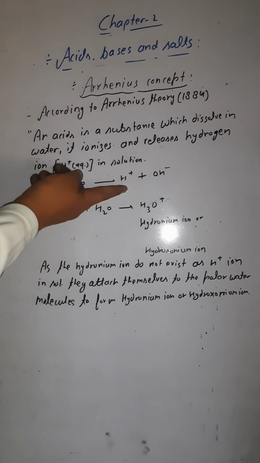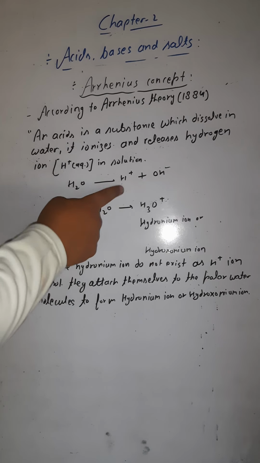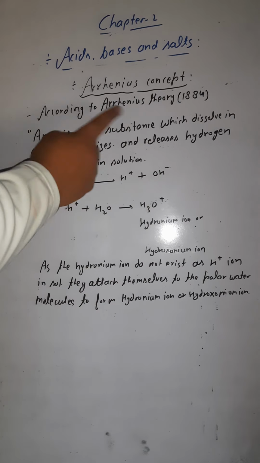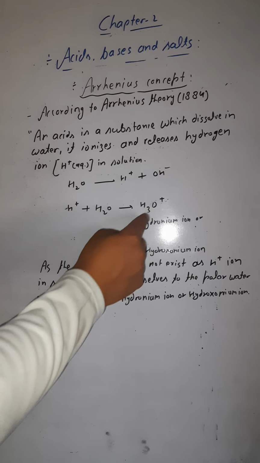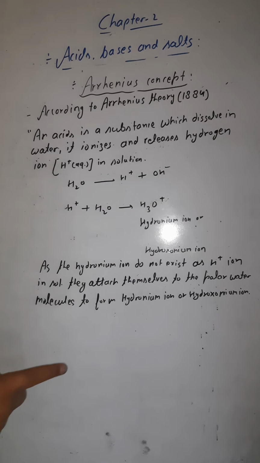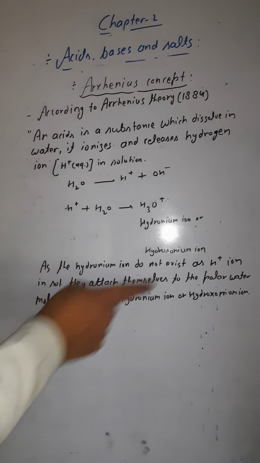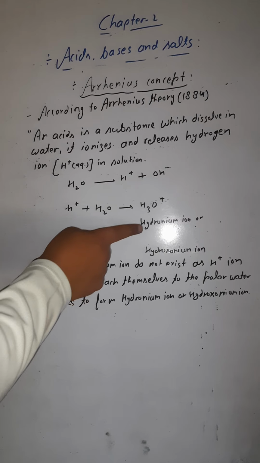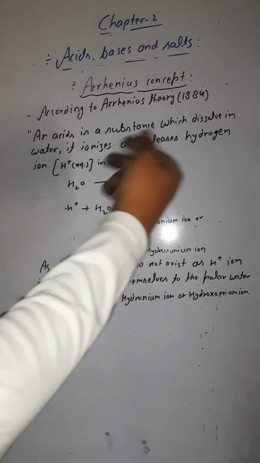Rather, it again attaches to a water molecule and becomes H3O+ ion. This is the positive ion which we get in the solution, H3O+. We call it the hydronium ion or hydroxonium ion.